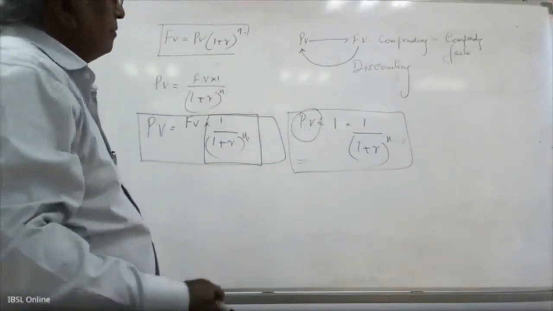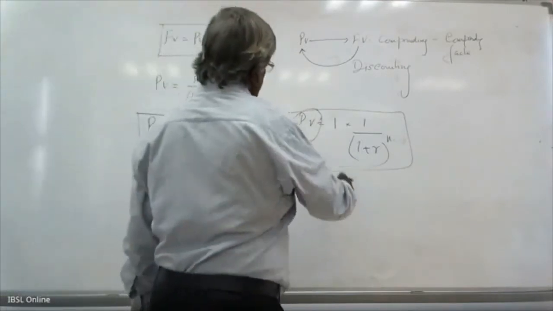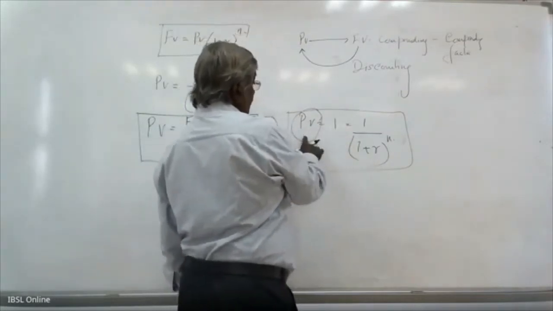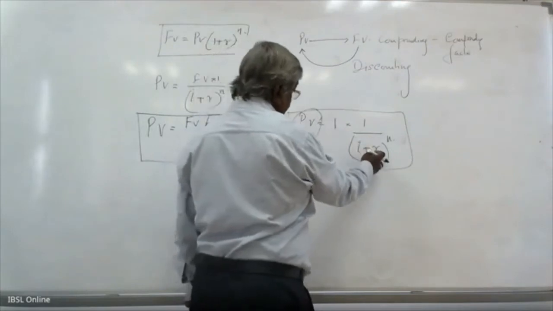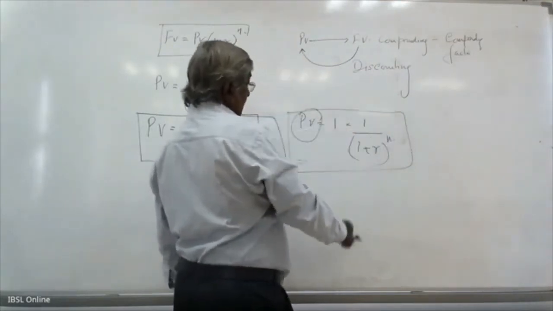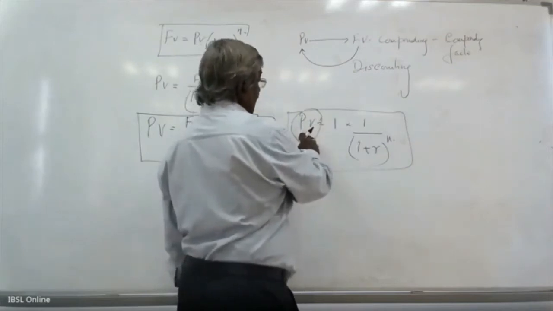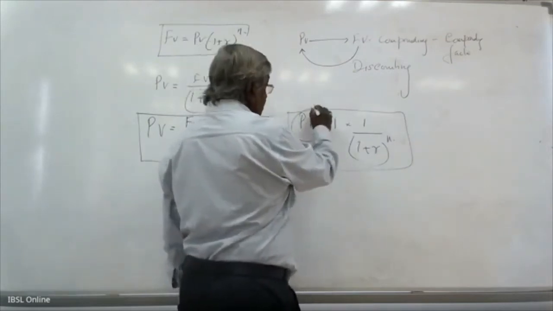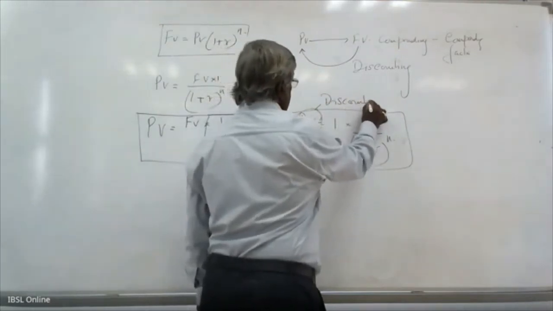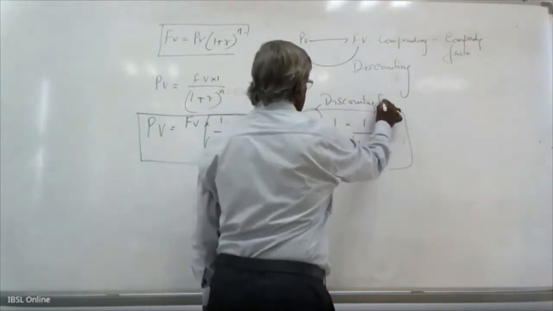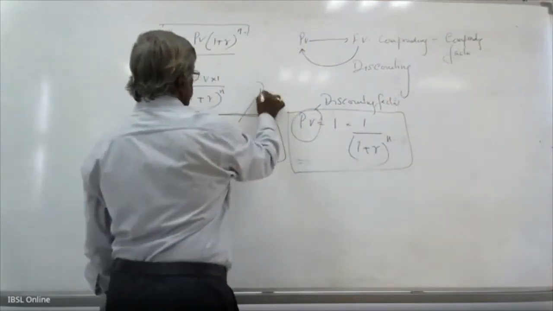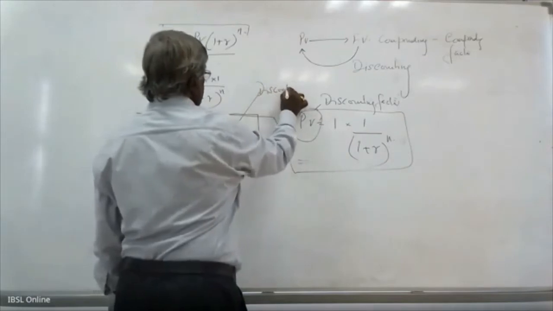Now here, when the future value is 1 rupee, the present value changes for different interest rates and different periods. That PV is called the discounting factor. Here, this portion is also the discounting factor.